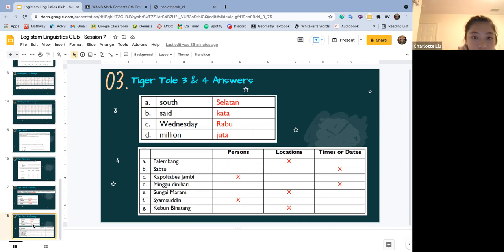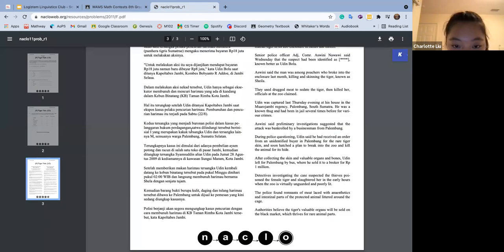Right here. So this is where Selatan is the answer, and we get that because here it says South Sumatra.